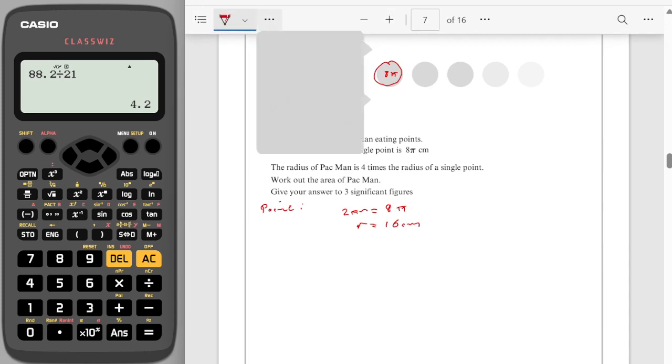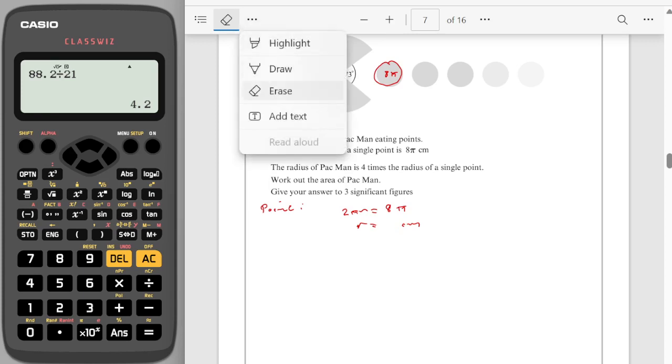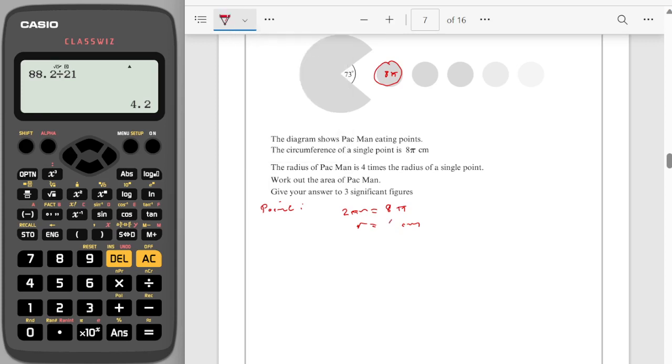It's going to be equal to 4. So we're then told that the radius of the larger Pac-Man is 4 times that. So the radius for the Pac-Man is going to be equal to 4 times 4, which is going to be 16.